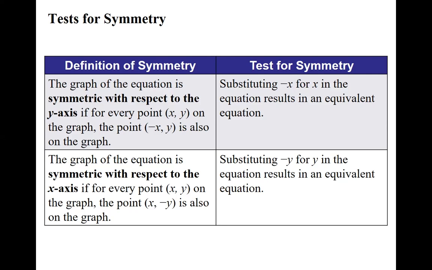In other words, if we substitute -x for x in the equation, it will result in an equivalent equation. Symmetric with respect to the y-axis is like the y-axis, the vertical axis, is acting like a mirror. So anything that's at a negative point has a corresponding point on the positive side of the x-axis.